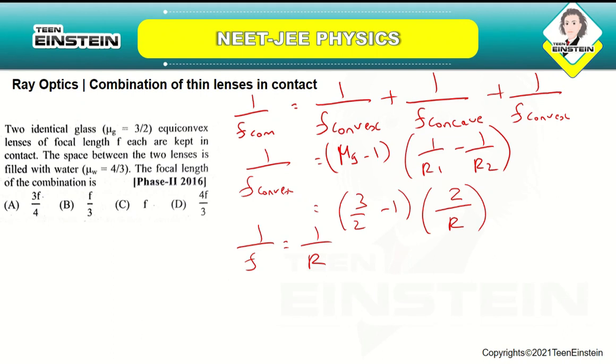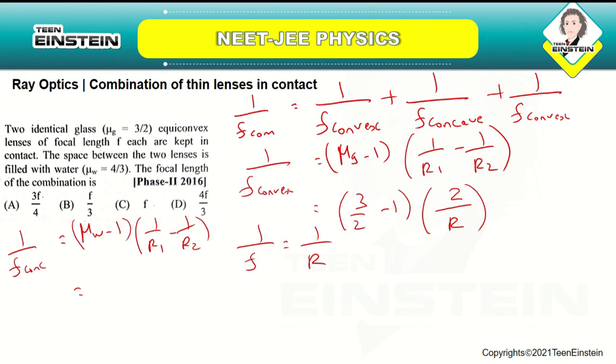So, the next thing is you have to find out what is 1 by f concave. So, 1 by f concave is equal to mu w minus 1 into 1 by r1 minus 1 by r2. Okay. So, here they have given you the value of mu w as 4 by 3.